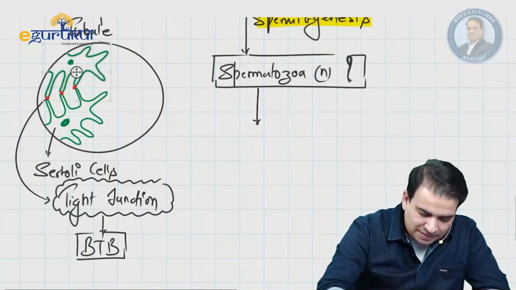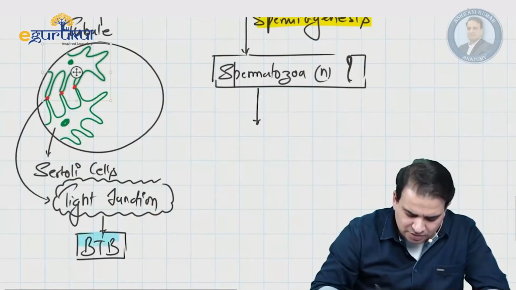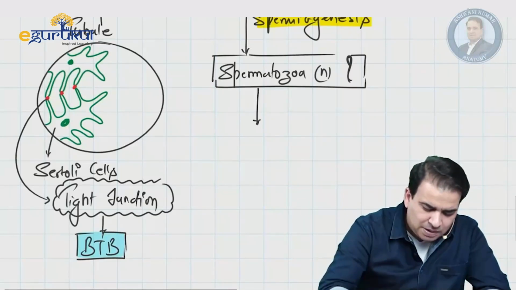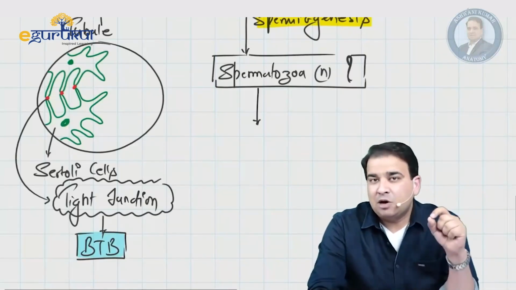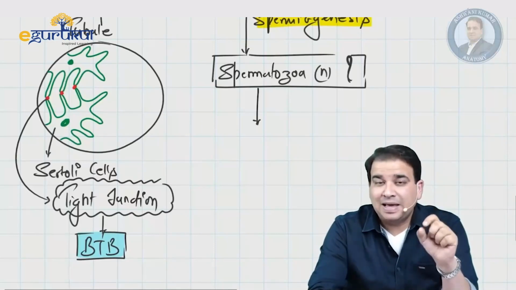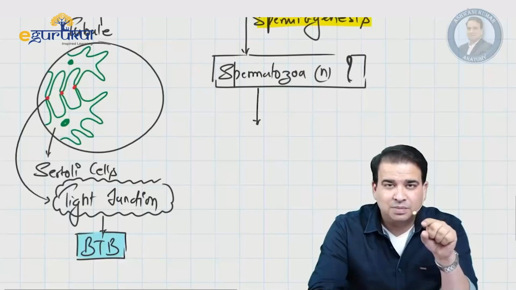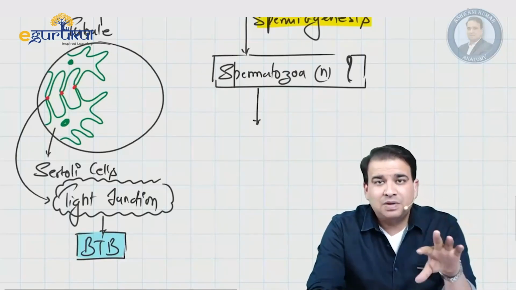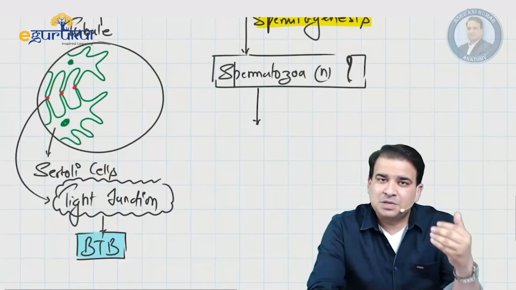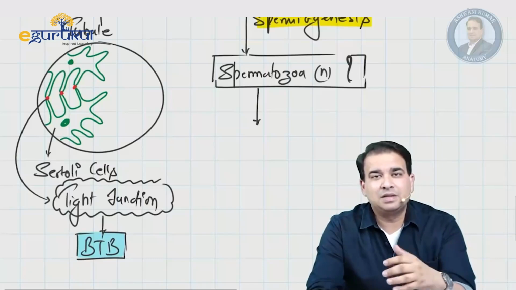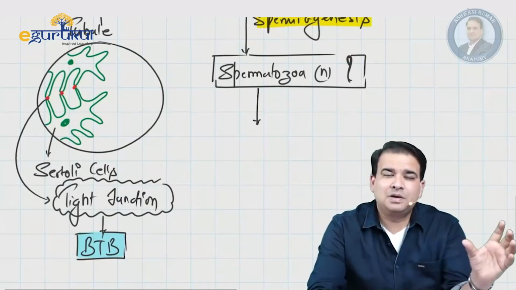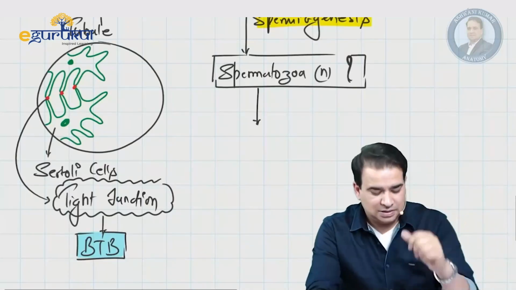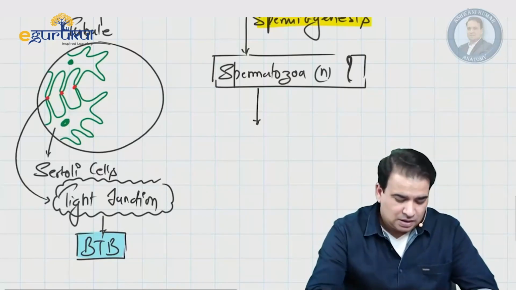It's the blood-testis barrier, which is a kind of misnomer here, because when we said blood-brain barrier, we were talking about the neuron, guys, the main component of the blood-brain barrier was the tight junction between capillary endothelium. Here the tight junction is between the Sertoli cells. Blood vessels are not participating here, but we still call it what? Blood-testis barrier. It is the Sertoli barrier, which is also called the blood-testis barrier.